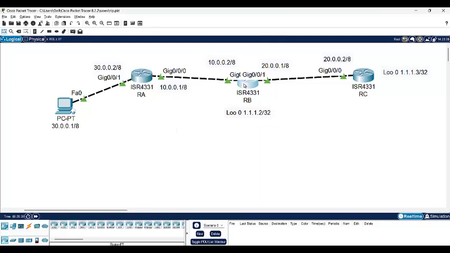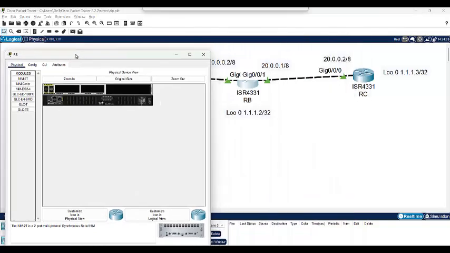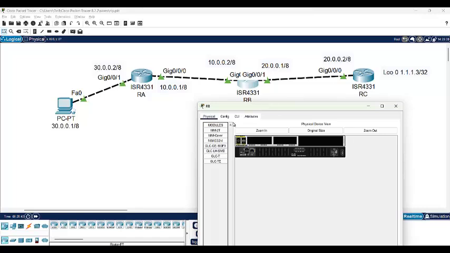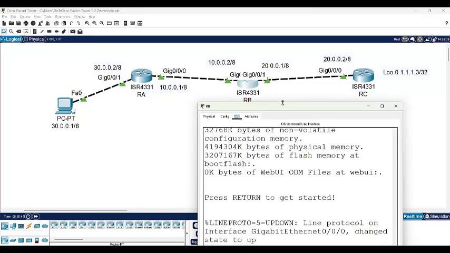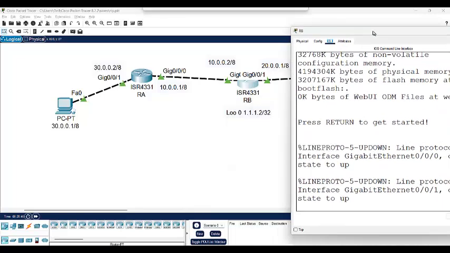Now let us move on to router B. Router B has got two networks. What are they? 10 and 20. And also we have 1112.